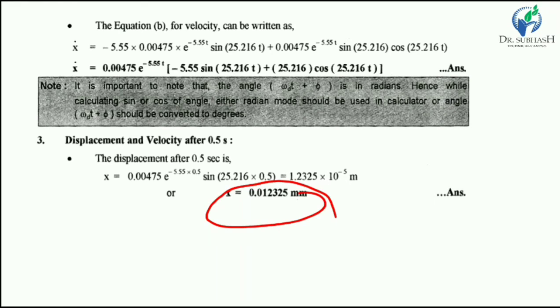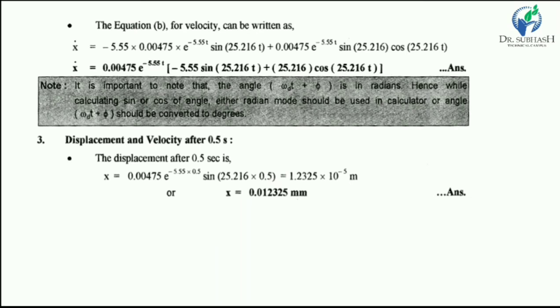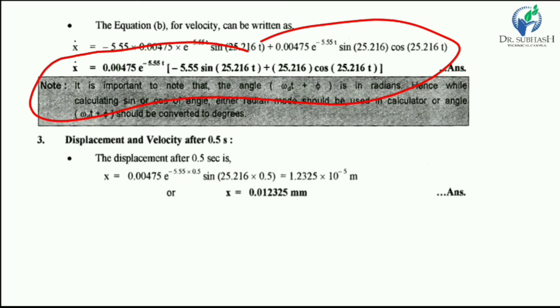Okay, and velocity is also found. So here put the value of capital X and 5 and t as 0.5. Okay, so we get the value of displacement and velocity both.